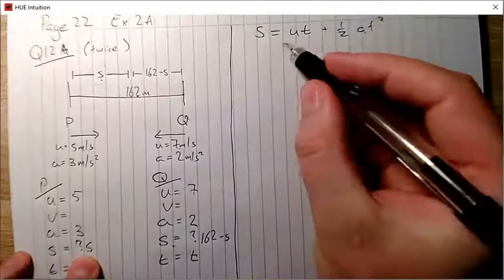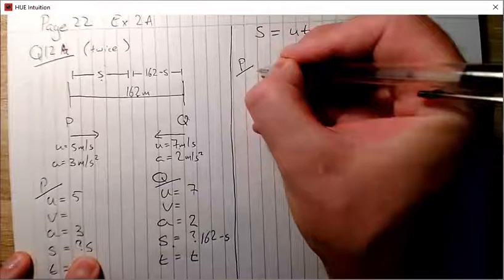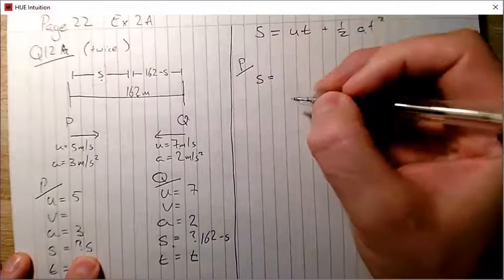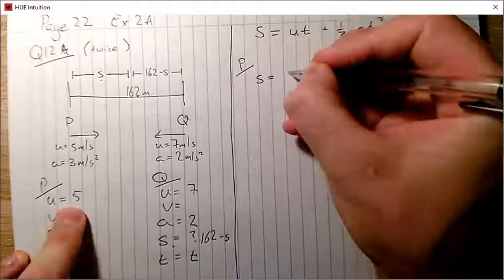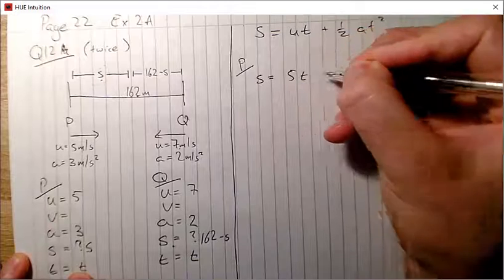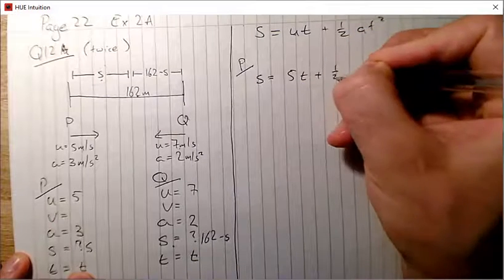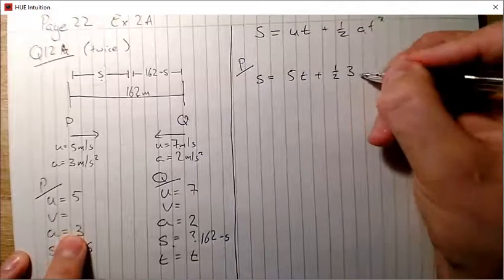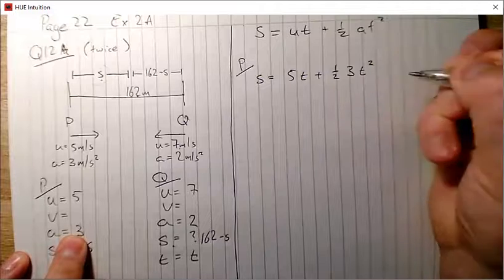And so for P, we'll get that the distance traveled by P is initial velocity 5 multiplied by t plus a half of the acceleration times t squared.